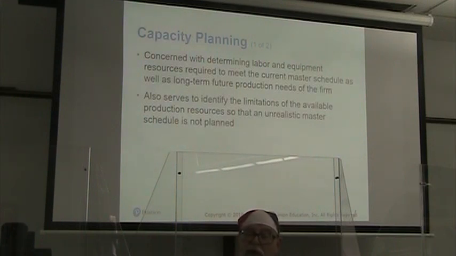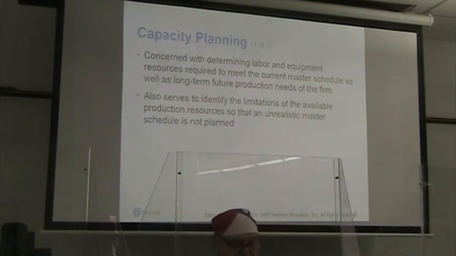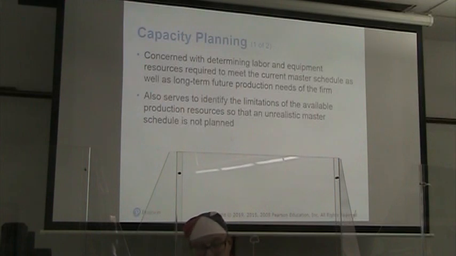We can also identify the limitations of the available production resources so that an unrealistic master schedule is not planned. Okay, so capacity planning has got to go with working on our material requirements planning and our master schedule.